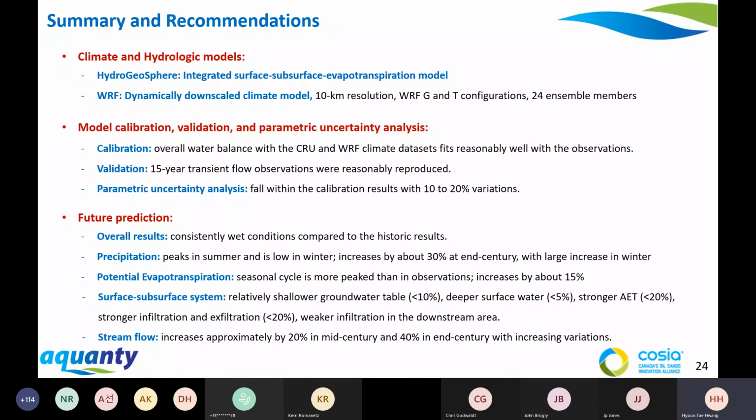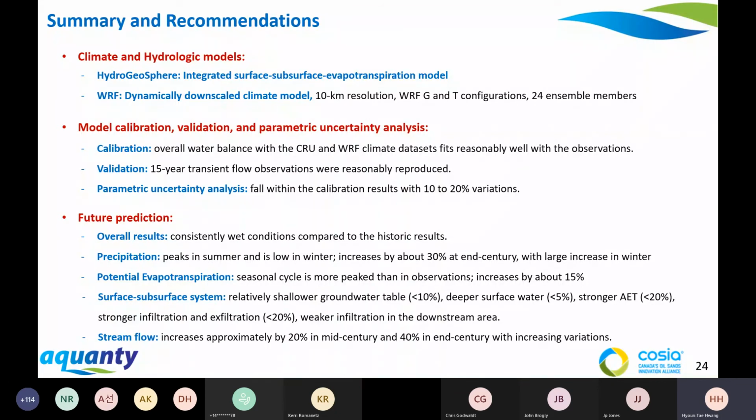We also take into account 2 different climate physics, called WRF GNT, and climate variations using 24 ensemble members. And then we perform calibration, validation, and parametric uncertainty analysis.